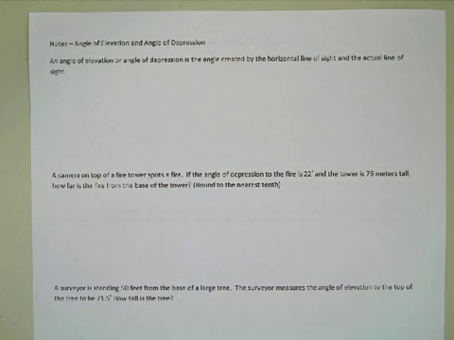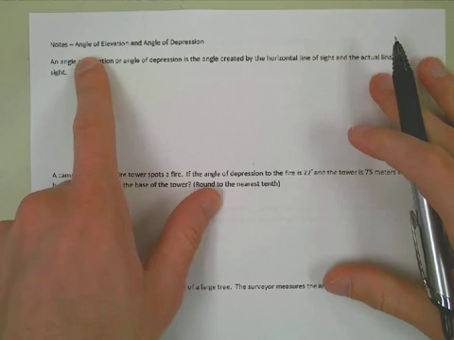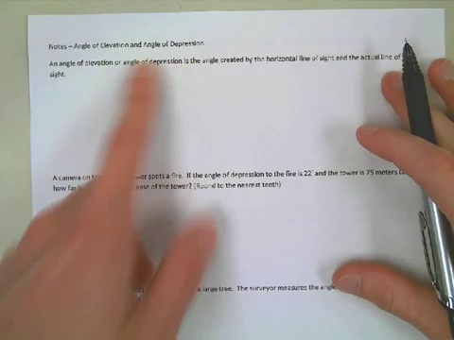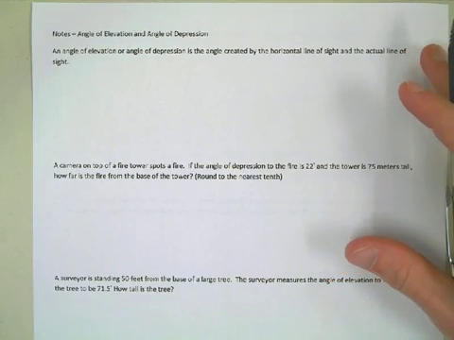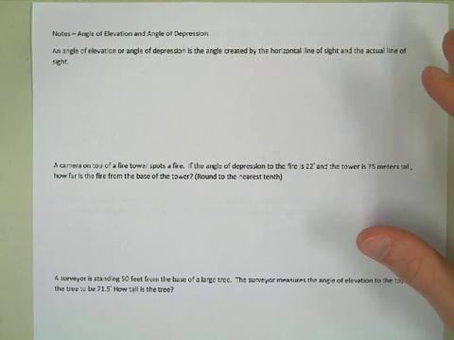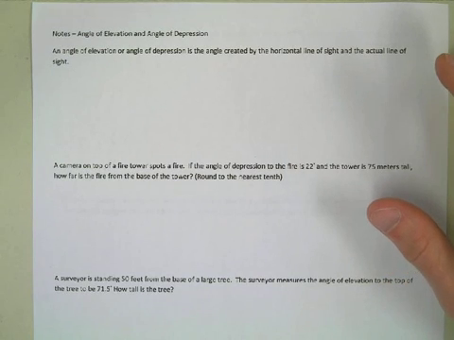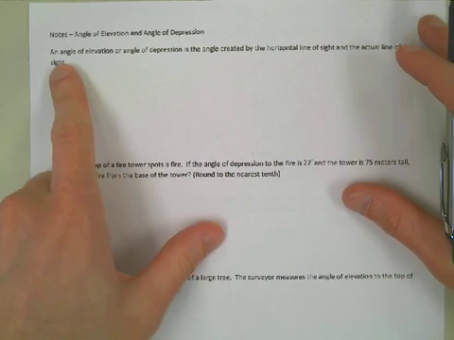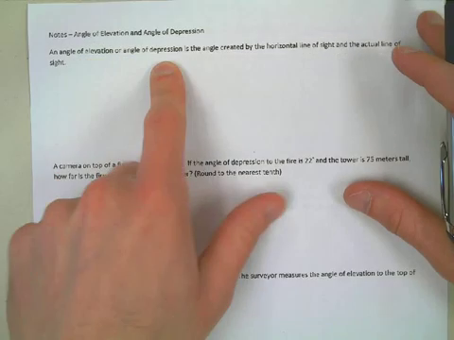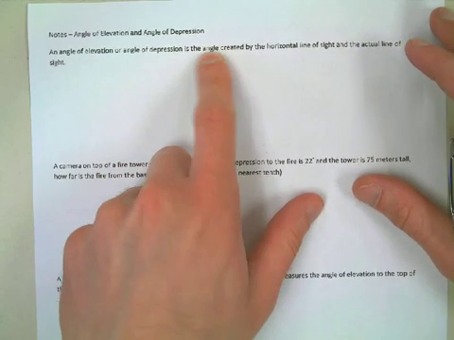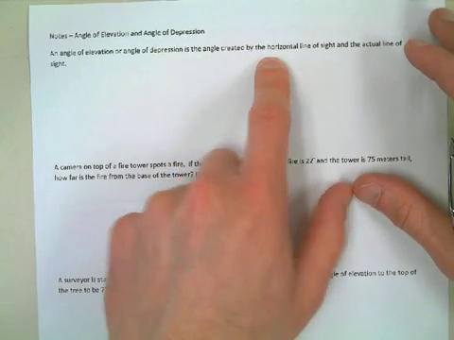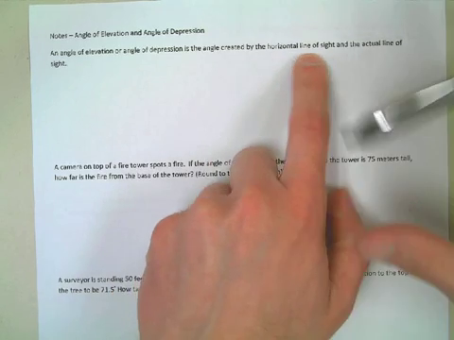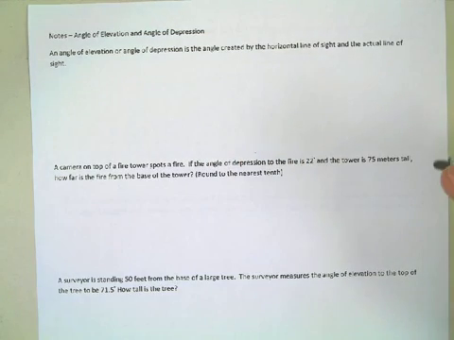So, angle of elevation, angle of depression. Well, you already have an idea about what elevation and depression is, right? An angle of elevation or angle of depression is the angle created by a horizontal line of sight. So what do I mean by horizontal line of sight?